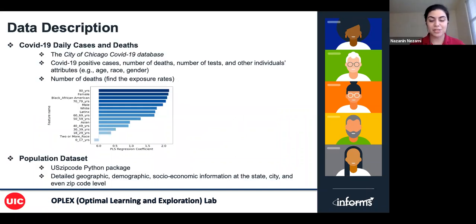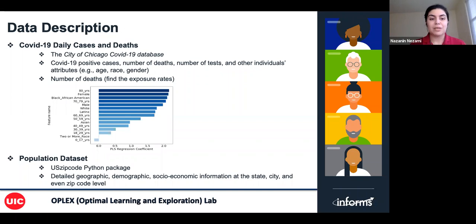Okay, next I'm going to briefly talk about some of our implementation results. As you can see, we use two main data sets to evaluate our model. The first one was COVID-19 daily cases and deaths. We picked this data from the City of Chicago database because they have positive cases, deaths, tests, and other information based on demographic attributes like age, race, and gender, which was really nice.